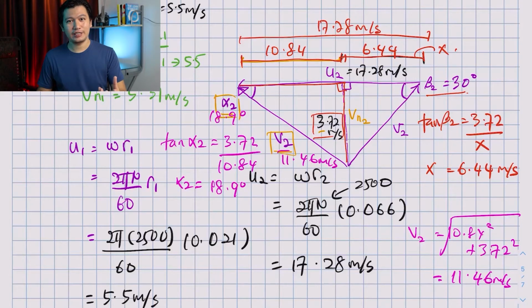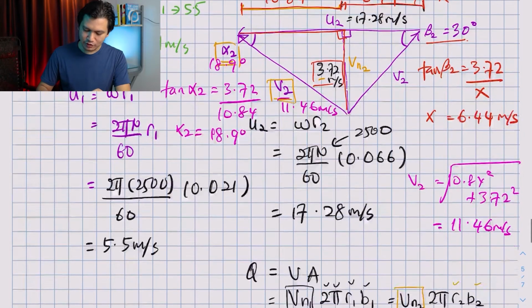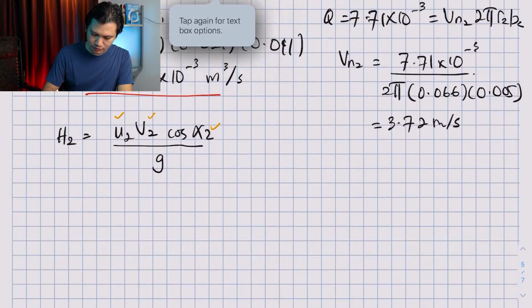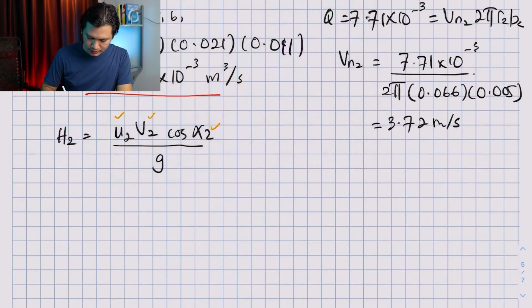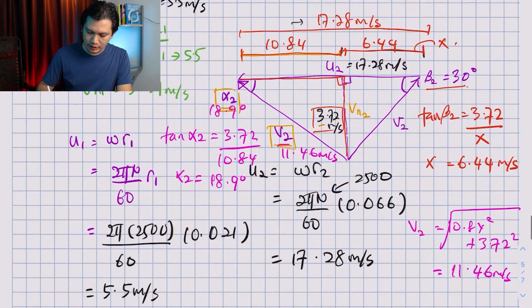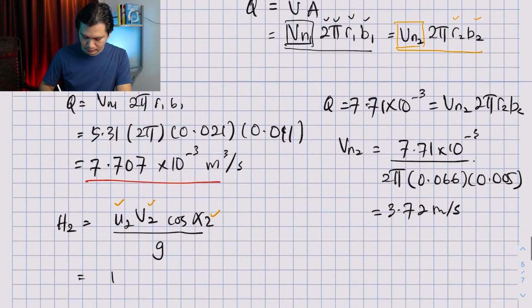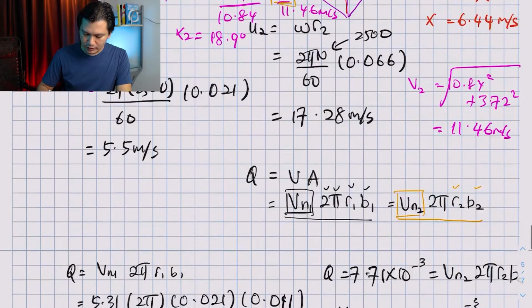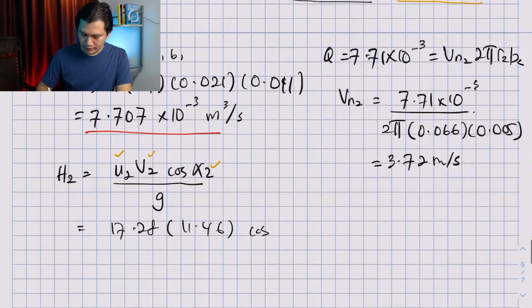Okay, now can we find our theoretical head now, right? Of course we can. So let me change this to black. U2 is 17.28 and V2 is 11.46. Cos alpha 2 is 18.9, divided by 9.81.